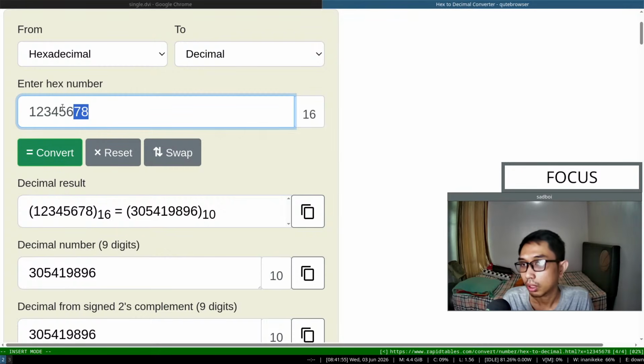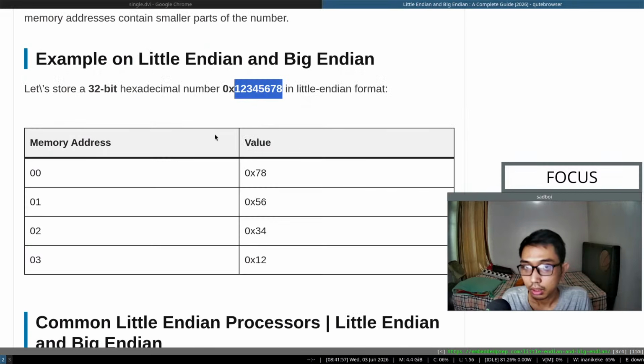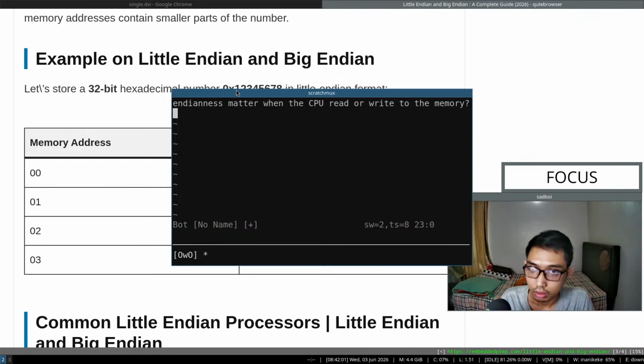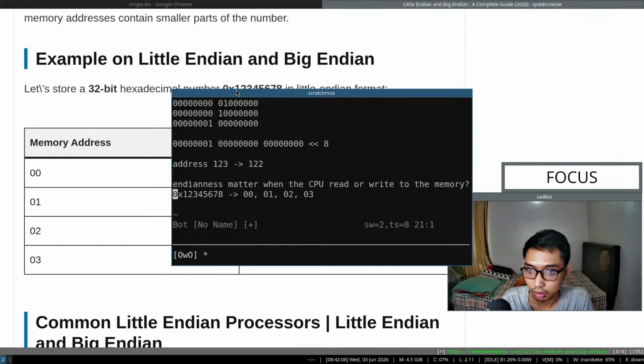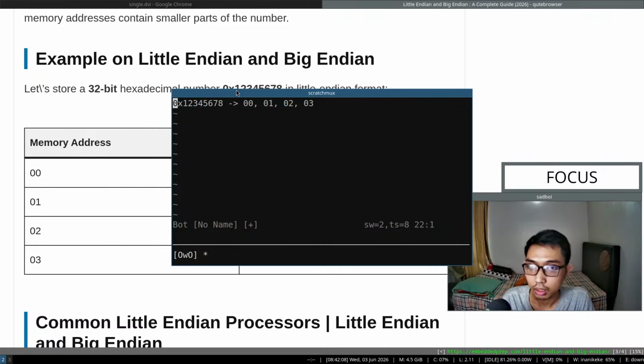Yeah, I'm kind of confused how we store this.